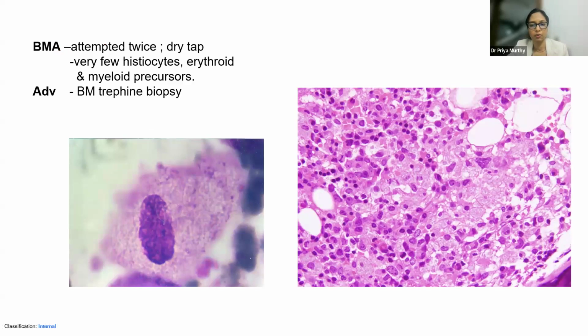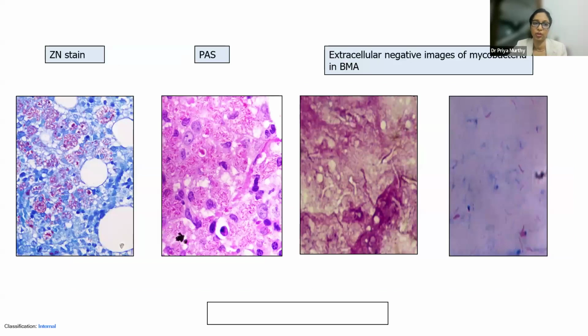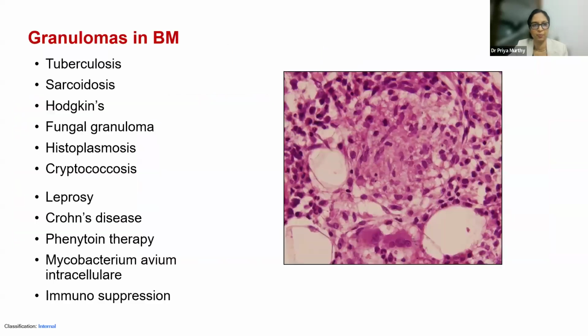Now, to ascertain the nature of these histiocytes, we did a Ziehl-Neelsen stain and a PAS stain, and they were full of acid-fast bacilli. And when we went back and saw the acellular material, which was also stained with Romanowsky stain, they showed extracellular images of mycobacteria. A diagnosis of Mycobacterium avium intracellulare was made.